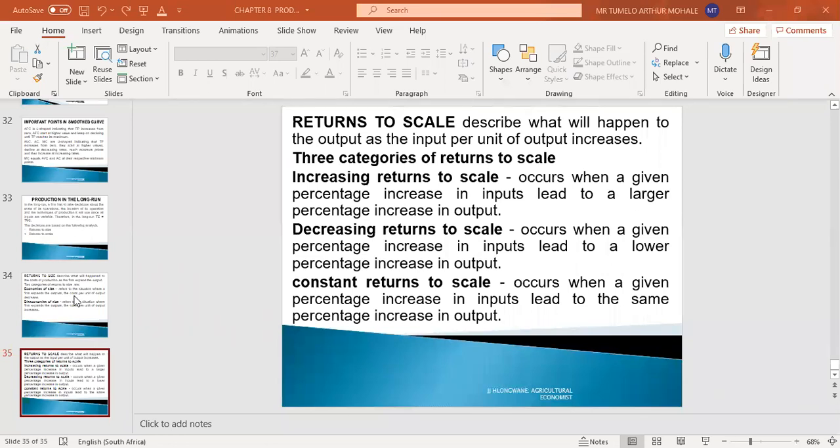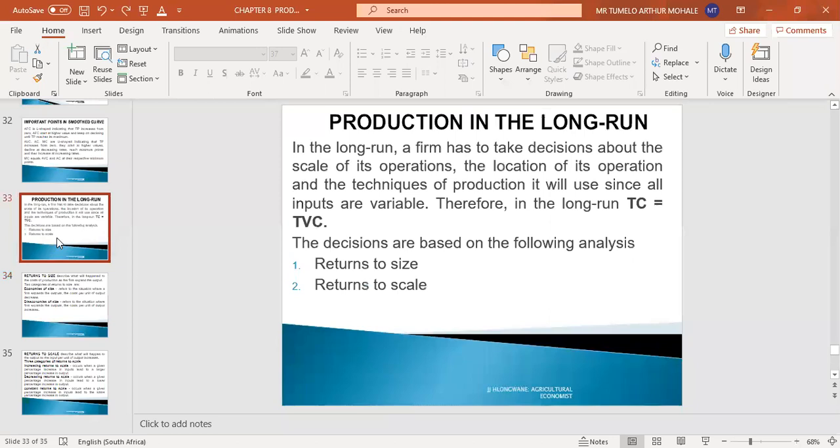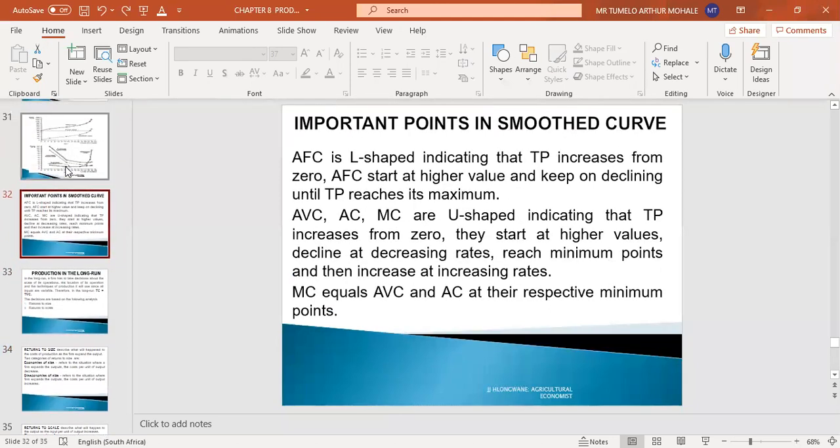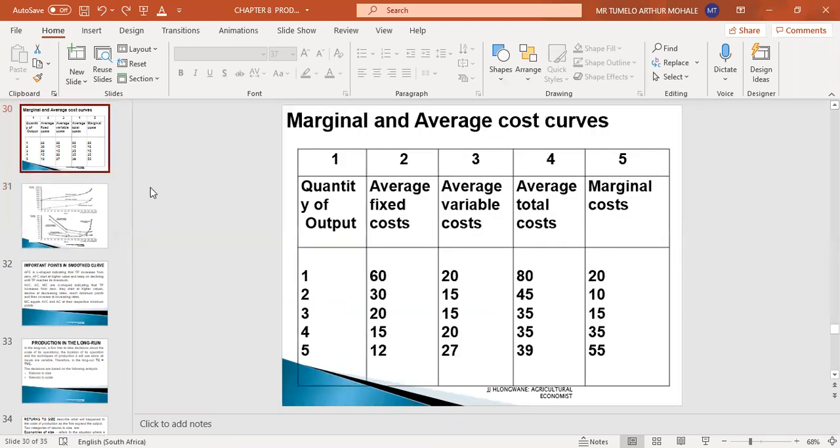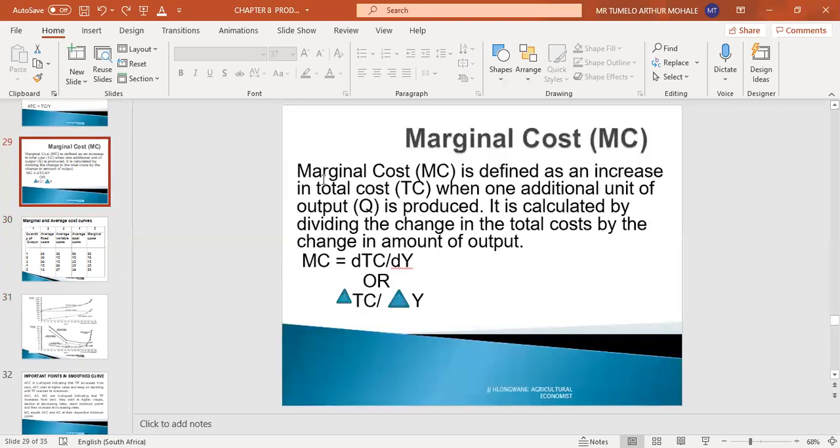The relationship will be given by the graphs. The average costs, this is the average fixed cost, the marginal cost, you will just use these graphs to explain. You can go to the internet. They will explain, but there's a relationship.